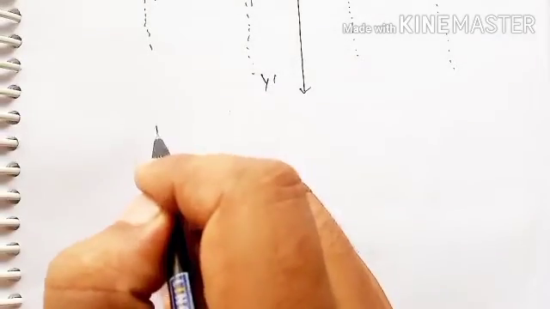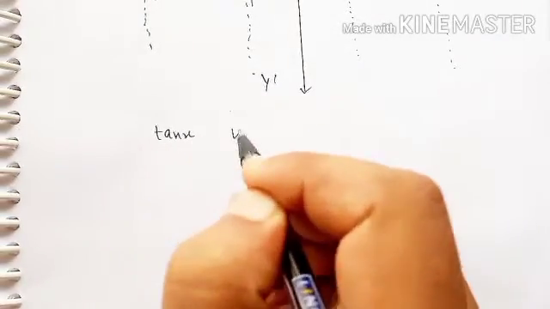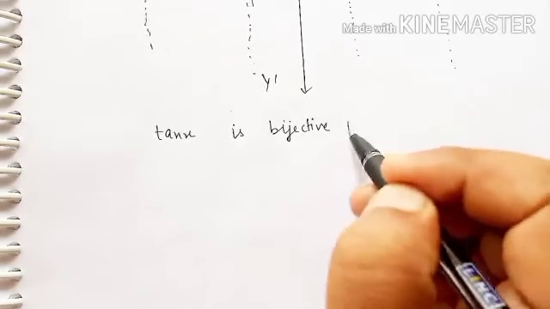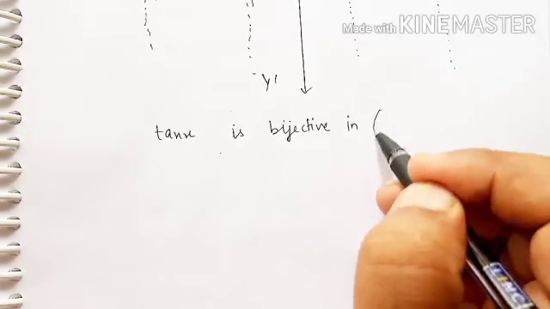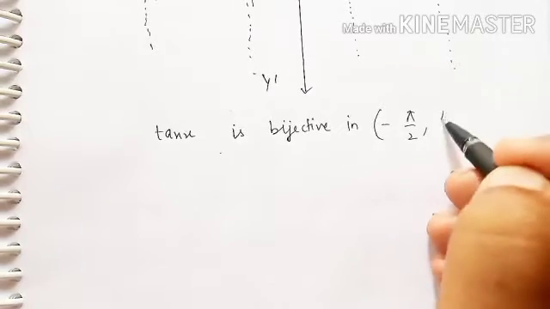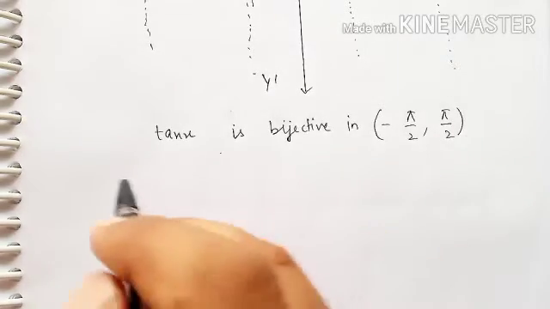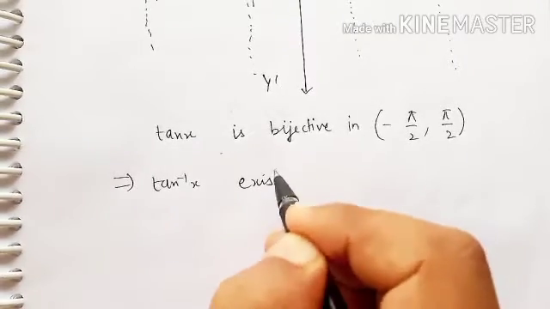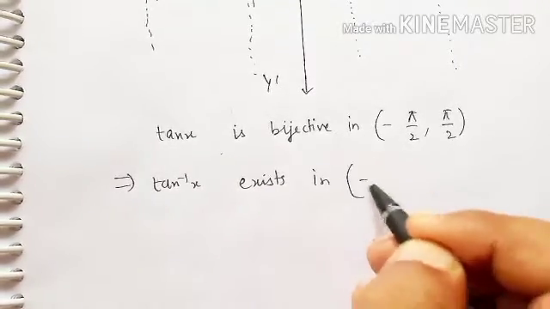That's why we can say tan x is bijective in the interval minus pi by 2 to pi by 2. This implies that tan inverse x exists in this interval.